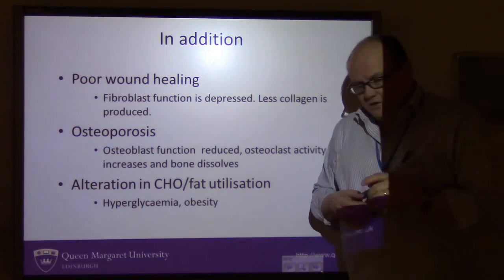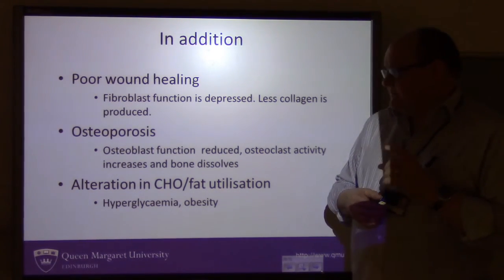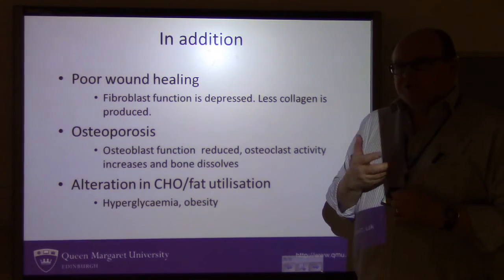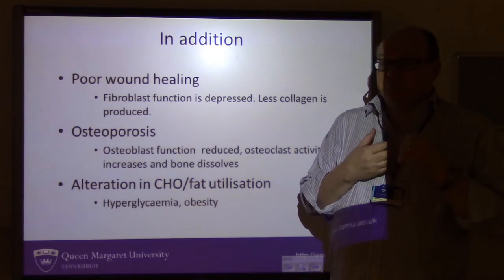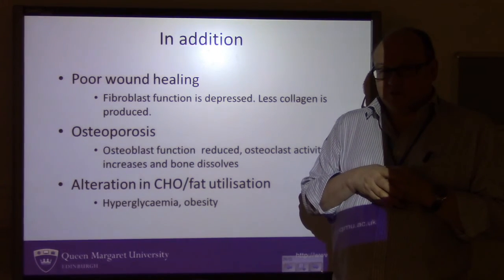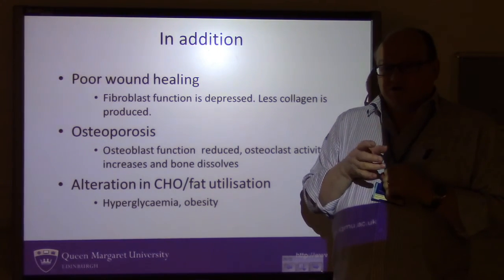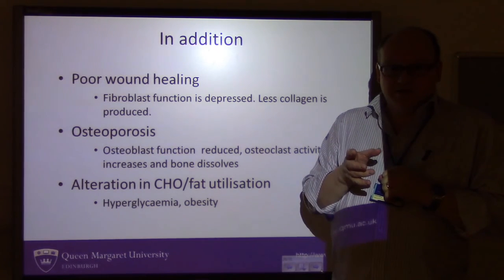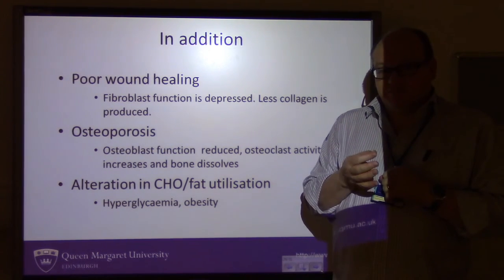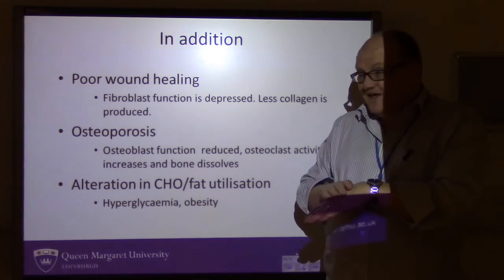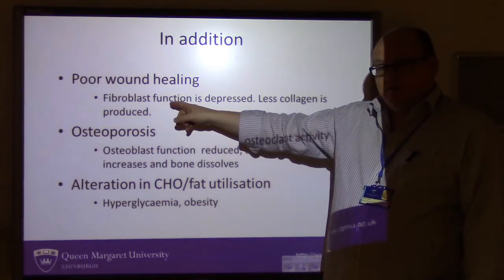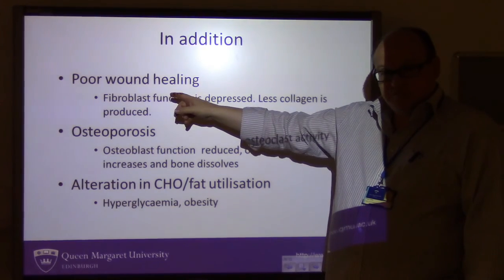Now, what happened as a consequence of that is, because he had the underlying respiratory problems, he was prone to respiratory infection, which, in order to treat it quickly, they gave him intravenous antibiotics. But when they gave an intravenous antibiotic into the back of the hand, it took a long time for the wound to heal.